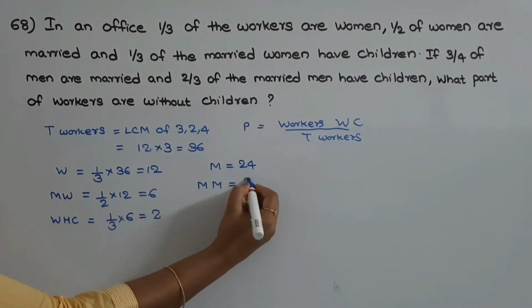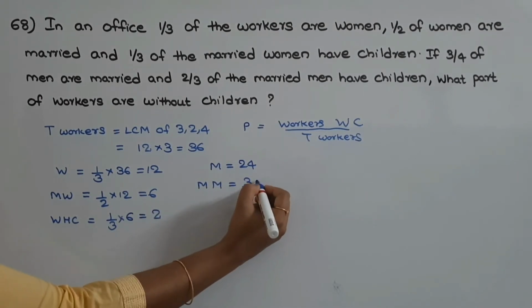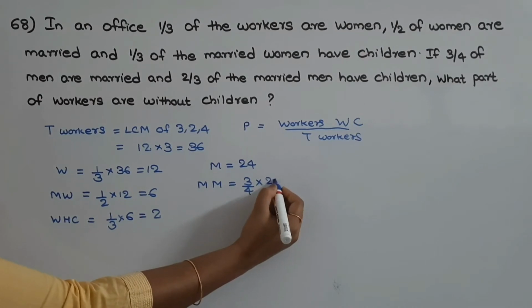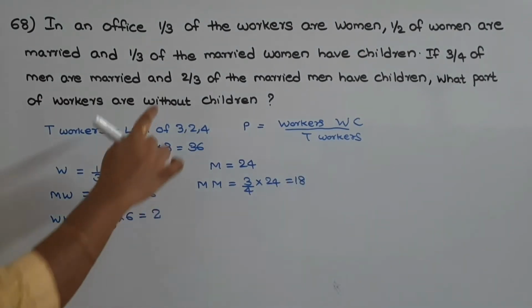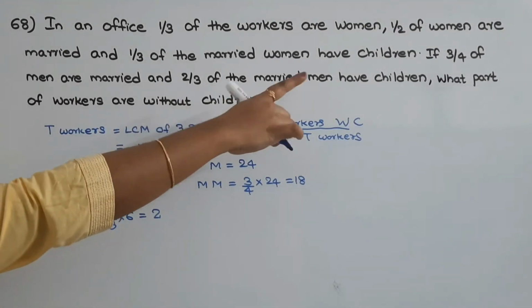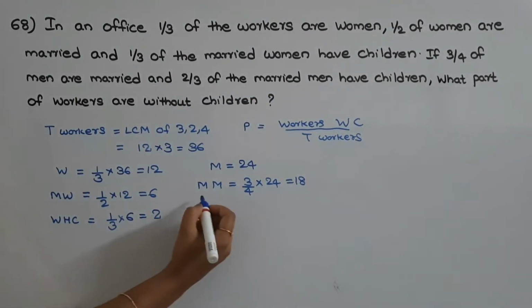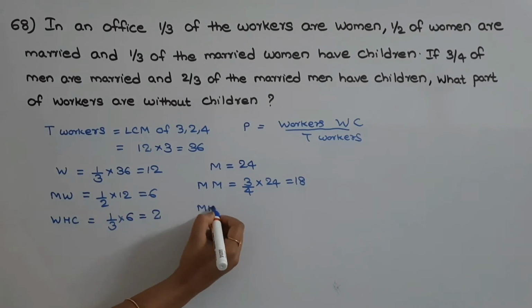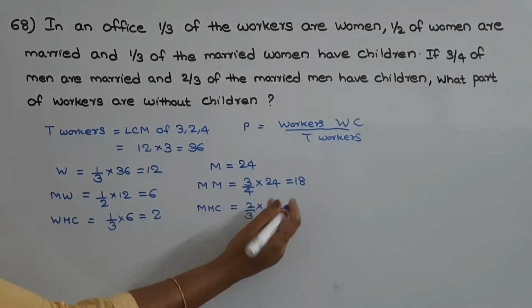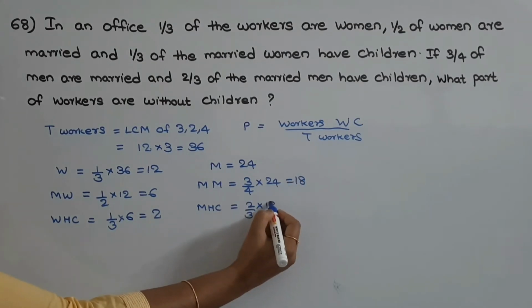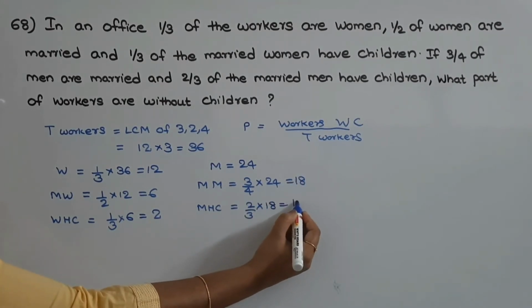Married men is 3 by 4th of men. Number of men we found it as 24. So this will be equal to 18. Okay, then they are telling that 2 by 3 of the married men have children. Okay, so what number of men are having children? That is equal to 2 by 3 into men who are married, that is 18. So this is equal to 12.